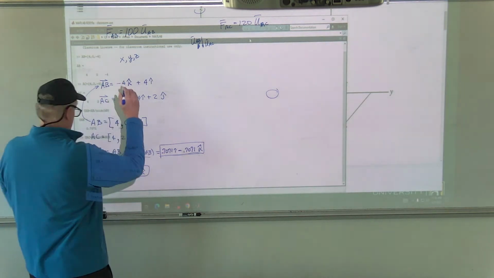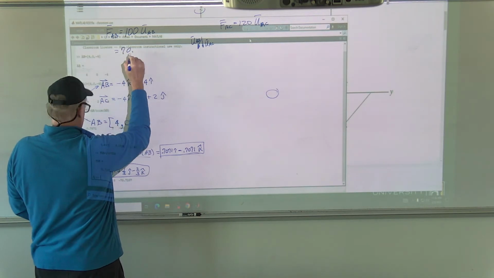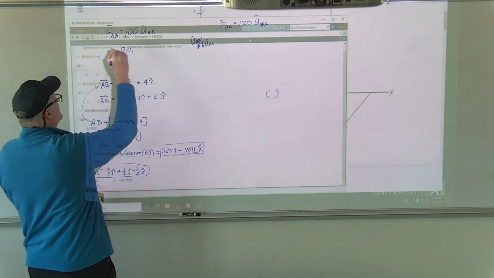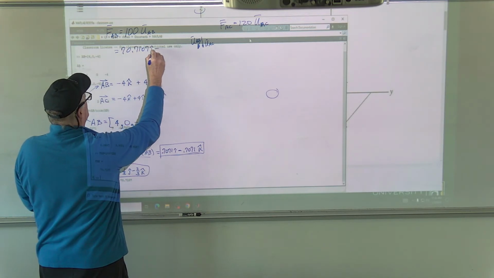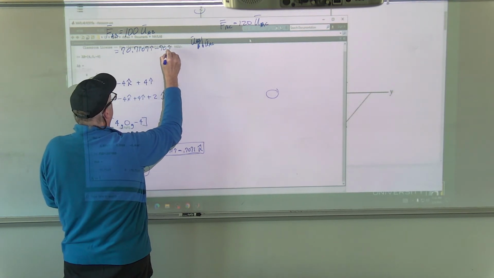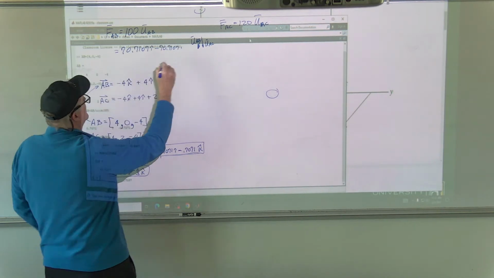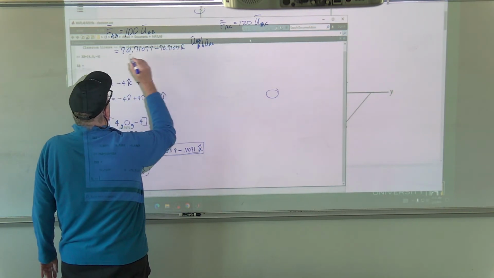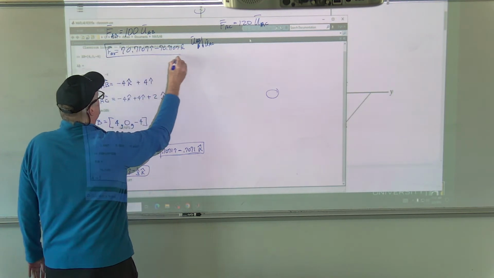So this vector becomes 70.7107 I minus 70.7107, and that would be the K. And that's the FAB. There's your FAB right there.